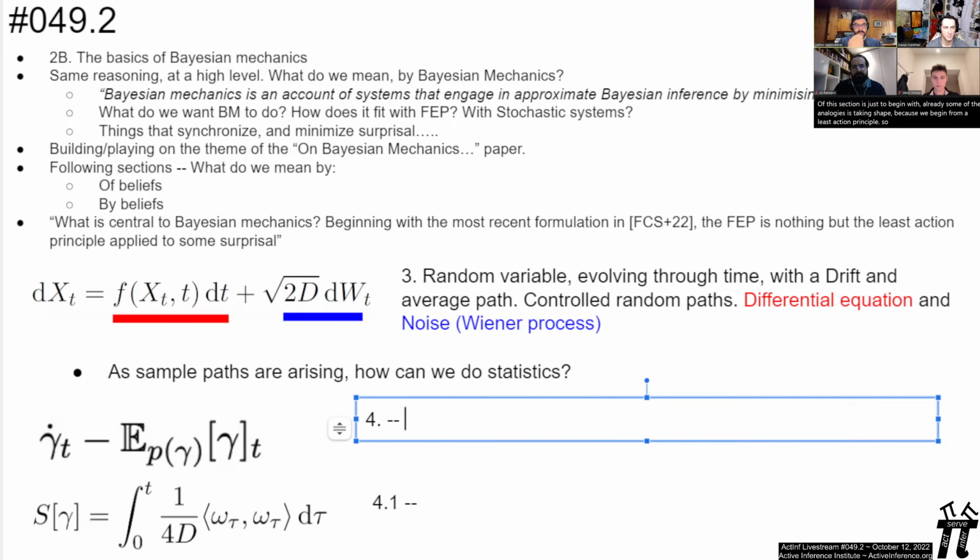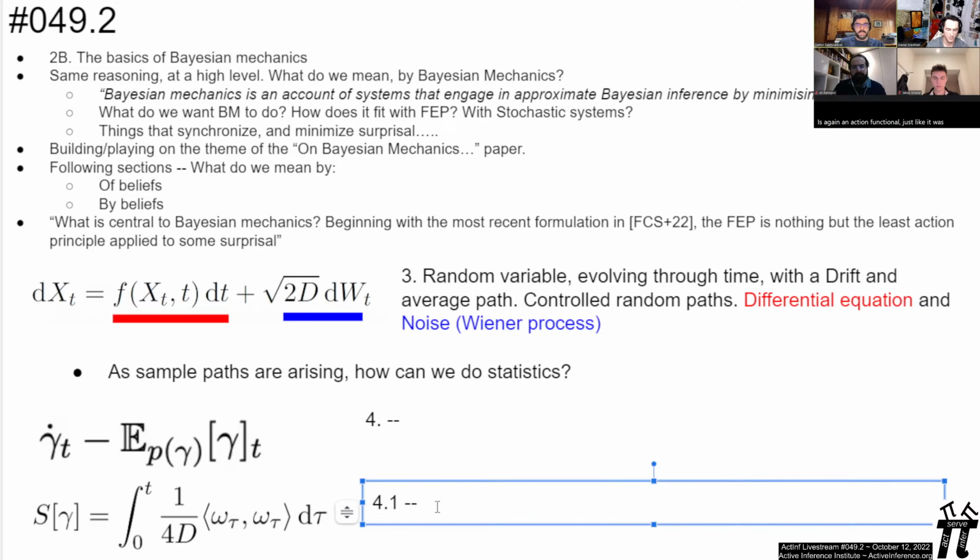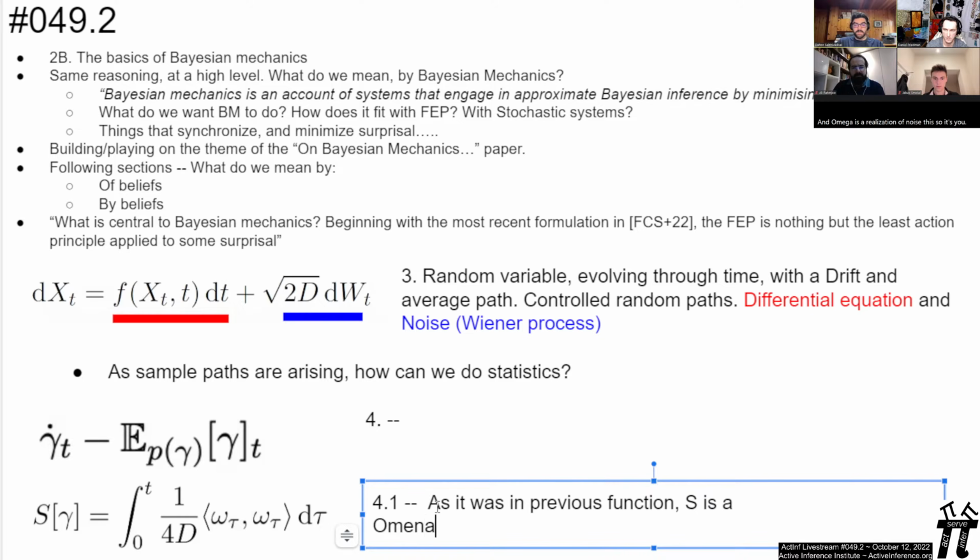So S is again an action functional, just like it was in the previous subsection. And omega is a realization of noise. You can imagine it as just being one of these incoming signals.